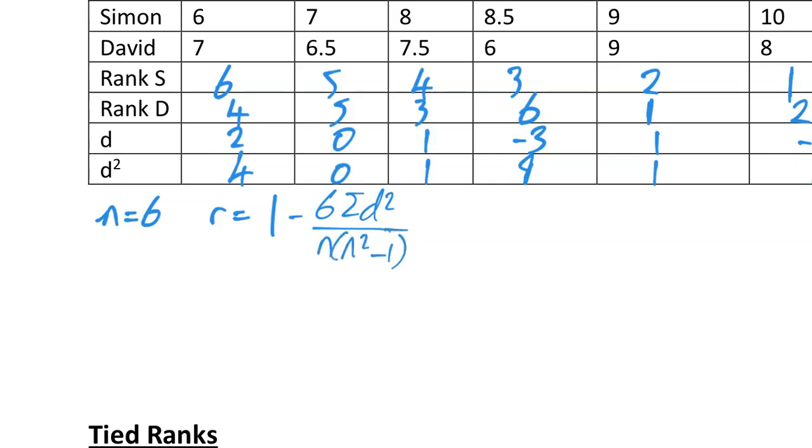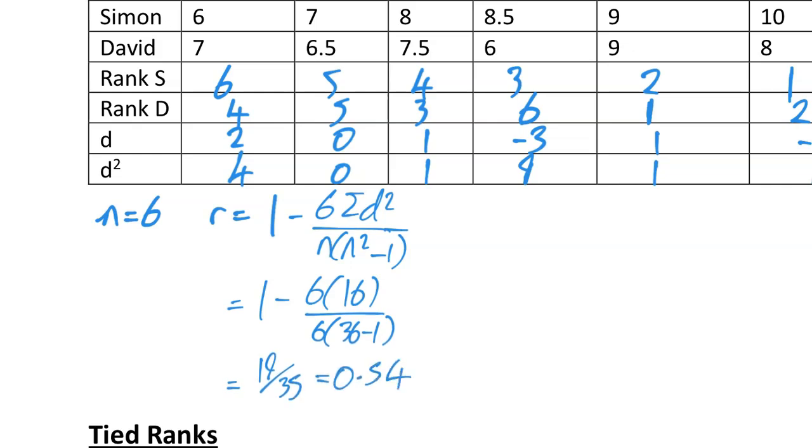And then all we're doing now is filling that in. So that's going to be 1 minus 6 times 16 for our sigma d squared. And then it was 6 upon, and that's going to be 36 minus 1. And when you fire that in, what you get is 19 over 35, which is 0.52.